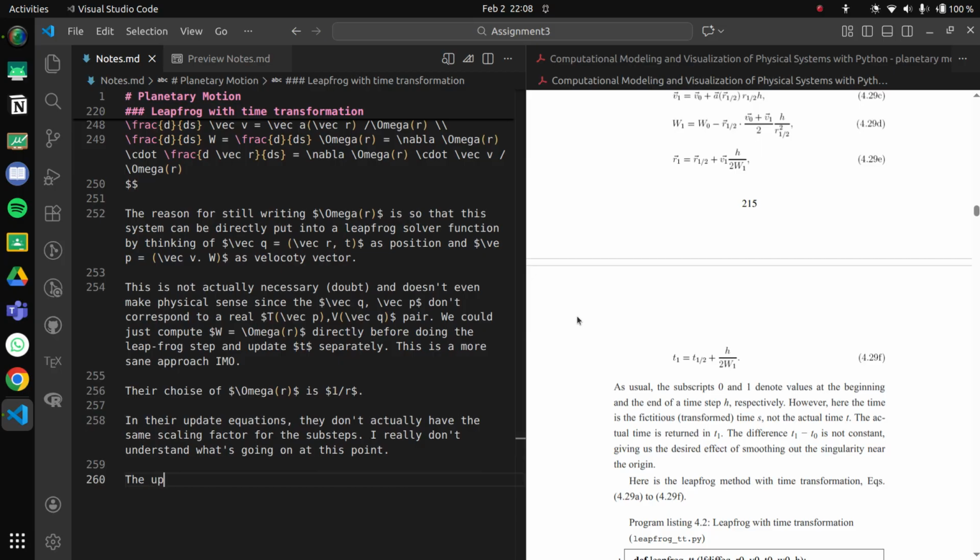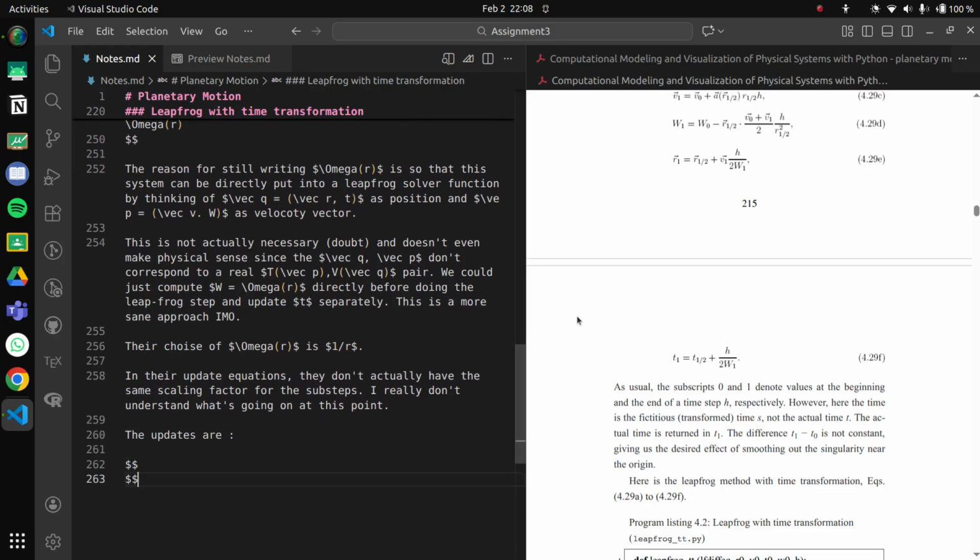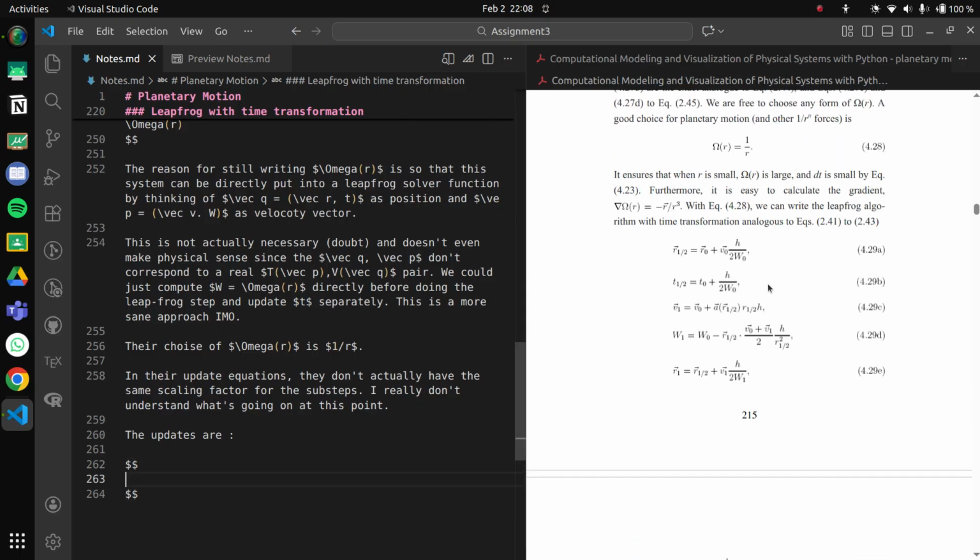The updates are, so let's just write down what they're doing. So they have r half, it should all just be vectors. So copy this thing because it's cumbersome to write. So vector r sub 0 plus vector v sub 0 and then h by 2w0, right.